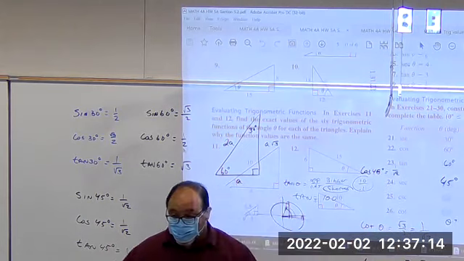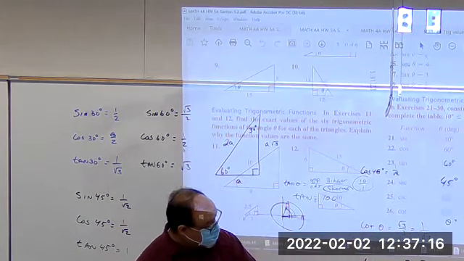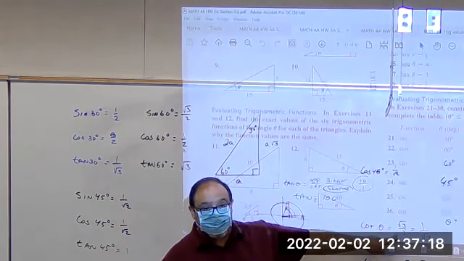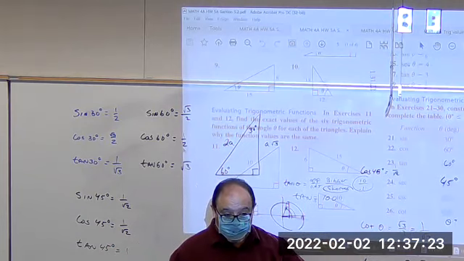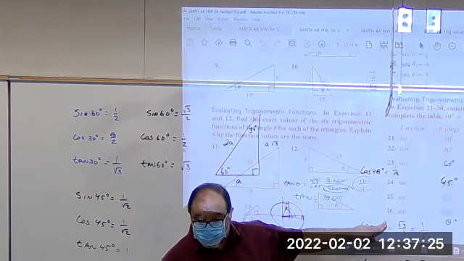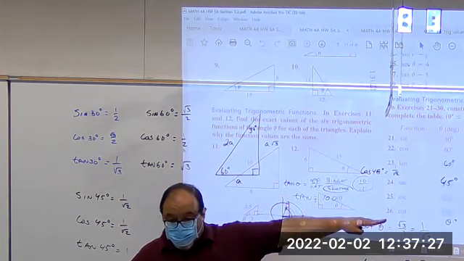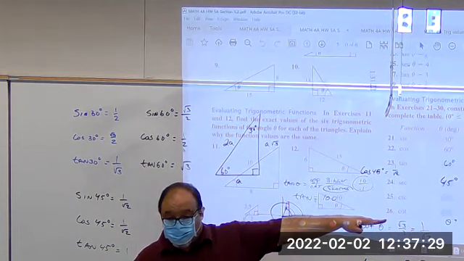Square root 3 is 1.732, and this is square root 3 divided by 2, smaller than this.